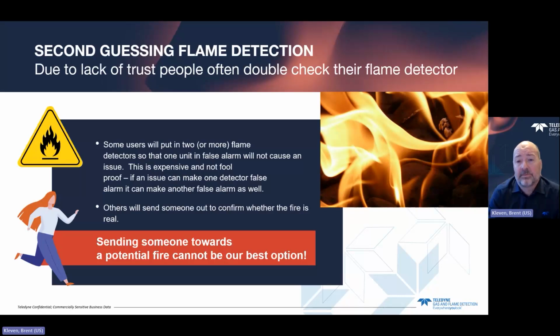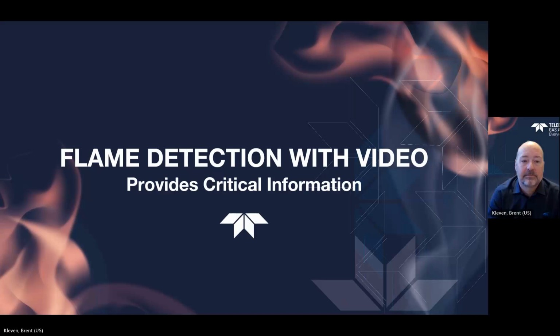And then we've actually spent more money and still sometimes get the same false alarm situation. I've actually talked to some customers who say that they'll send somebody out to confirm that the fire is real. And that can't be the right solution. We know that fires are catastrophic, they're dangerous, people are being killed. Sending someone towards the fire can't be our best option.